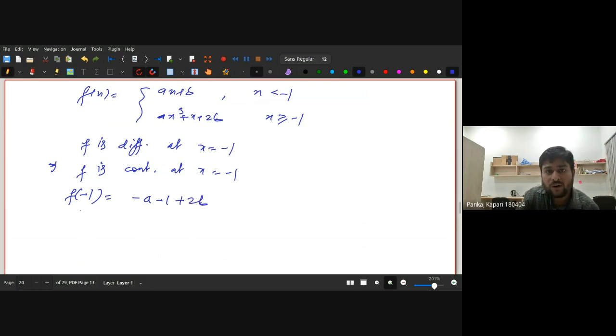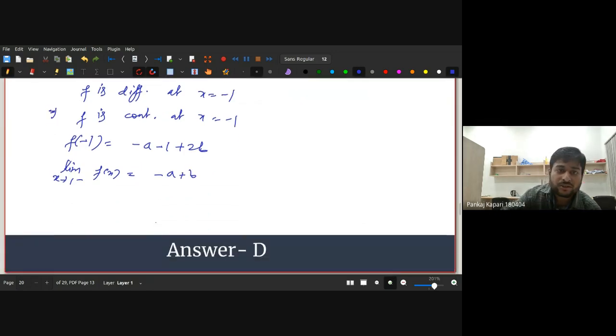Also, if you take the left hand limit at minus 1, because it's continuous, the left hand limit at minus 1 must be equal to the function value. From the left hand side, you will get that the limit is minus a plus b. So these two must be equal.